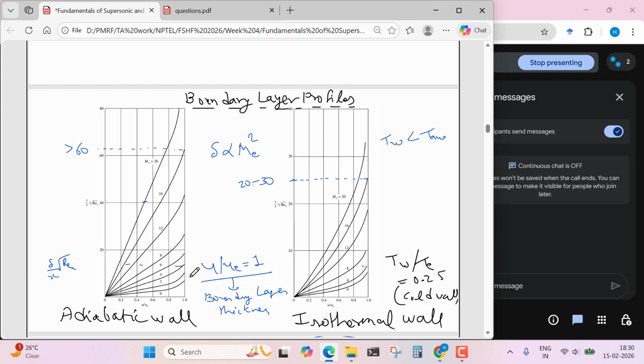The left hand side plot is for adiabatic wall, it is for boundary layer thickness, versus u upon u_e, and y upon x under root Re_x, not exactly boundary layer thickness. So you can find boundary layer thickness from that. And the right hand side plot is for isothermal wall, where T_W upon T_e is equal to 0.25 for a cold wall.